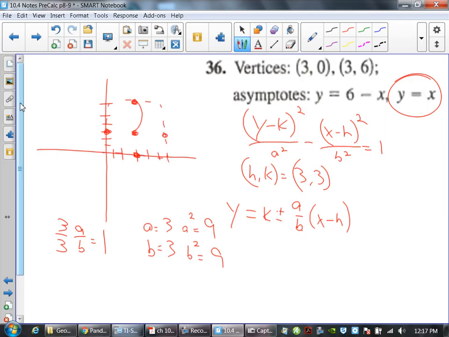But how are you going to get the a over b then? We know that a over b has to equal 1. If you know what a is, what's 3 divided by what equals 1? 3. And that's where I made the mistake of going, oh, it's got to be a simplified fraction of 1 over 1, and I skipped ahead. We were given the 3 to start with to finish that out.